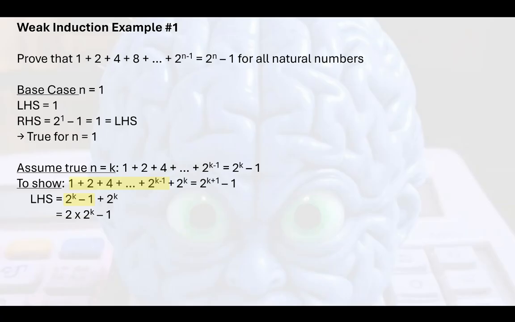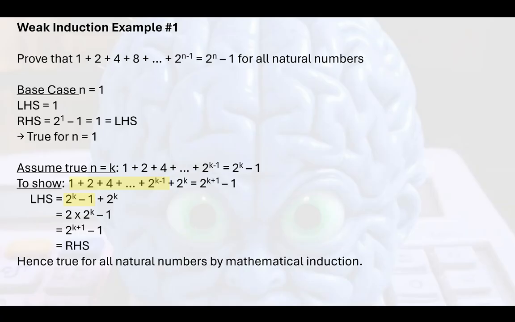We keep looking at 2^(k+1) - 1, and we just have to have seen enough algebra to figure out some strategies here. We can see we've got lots of 2^k, which using our laws of indices we make 2^(k+1) - 1, which is what we wanted. Hence, true for all natural numbers by mathematical induction.